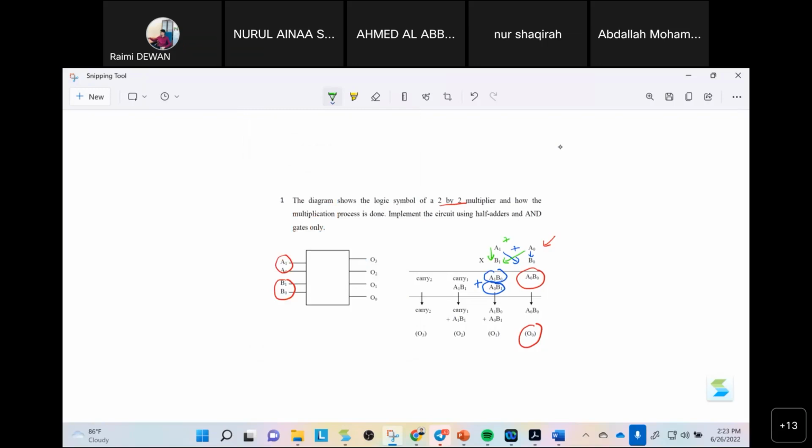If you have excess carry, it will go here.